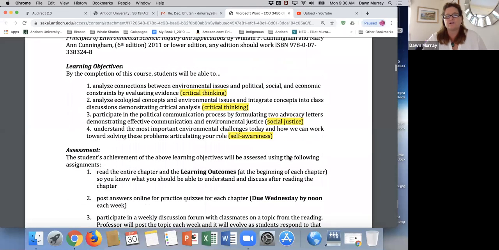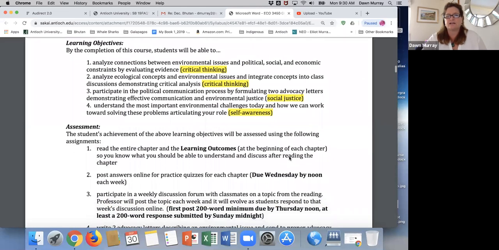In terms of learning objectives, we're going to analyze connections between environmental issues and political, social, economic constraints by evaluating evidence. So that's that critical thinking piece. You're also going to analyze ecological concepts and environmental issues and integrate those into your class discussions, which will be online forums, demonstrating critical analysis.